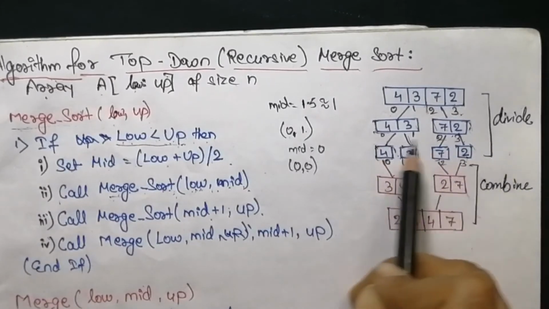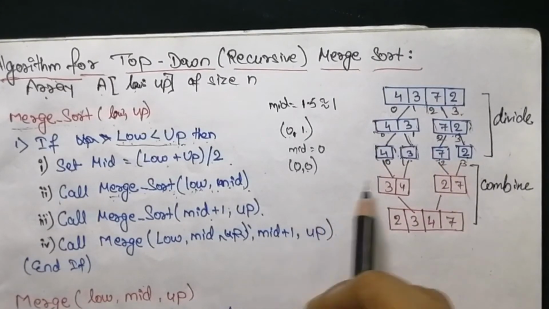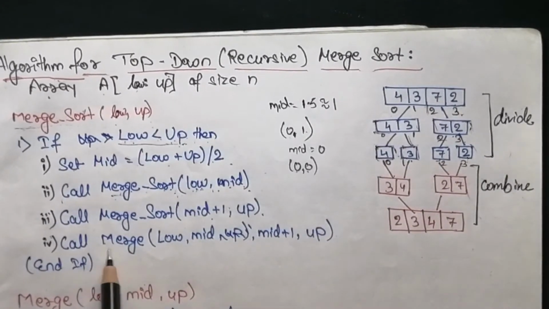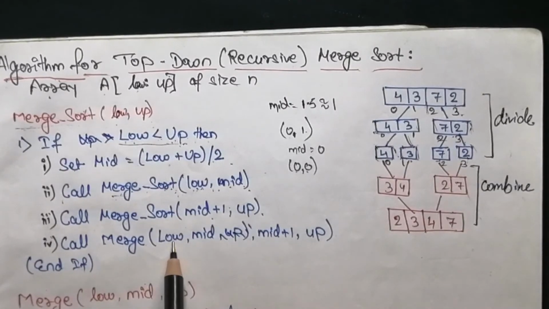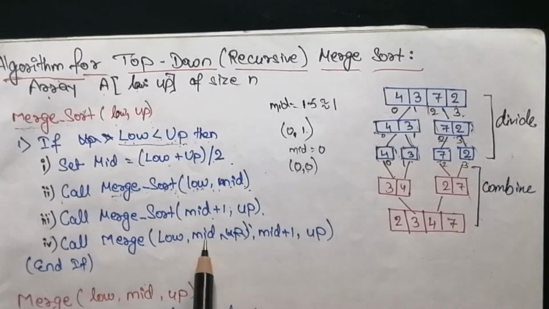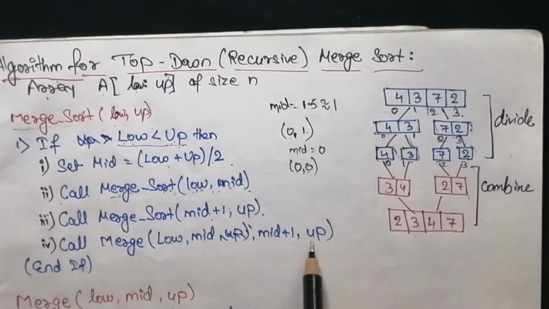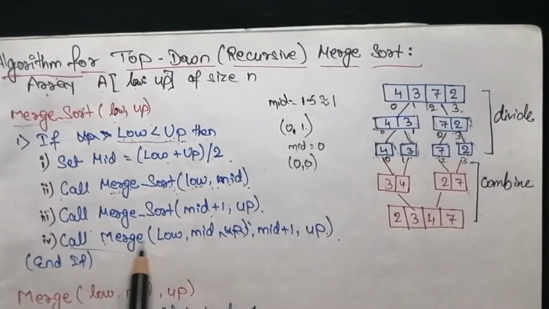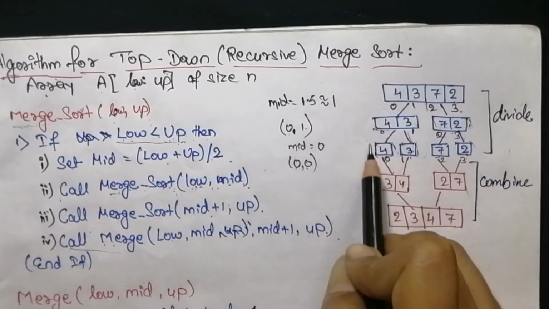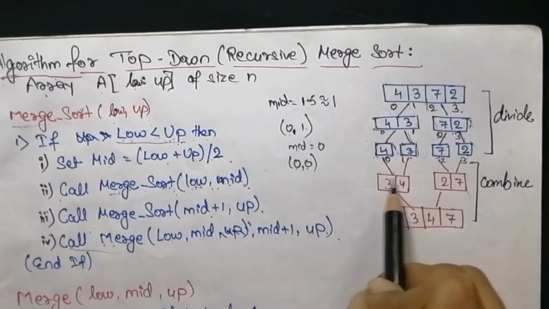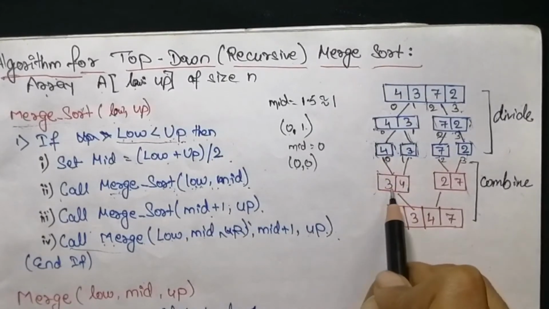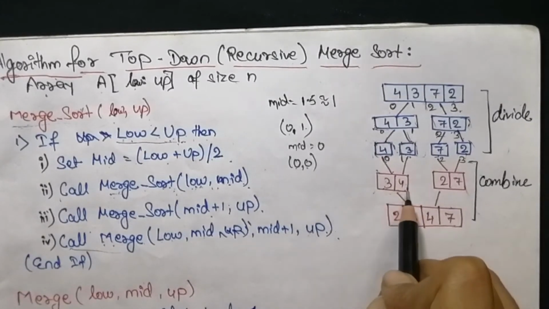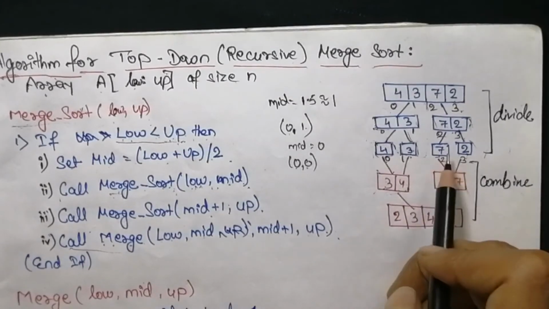When all the sublists contain only one element, then we will call this function merge with the lower bound, the middle index, middle plus 1 and the upper index. When this function is called for these two sublists, then they will be combined into a single list containing the elements 3 and 4 in the sorted order.